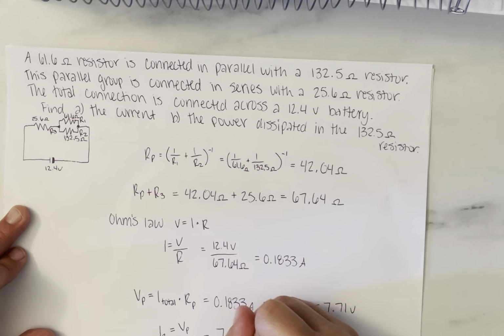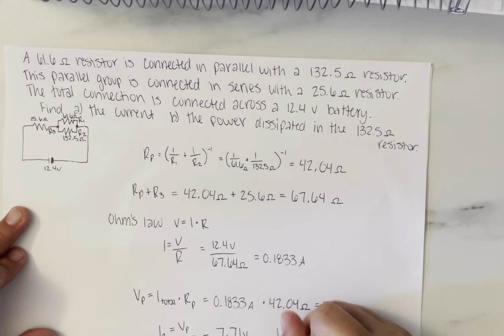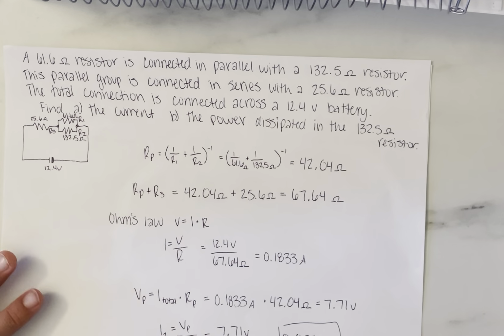So we want 7.71 volts over 132.5 ohms, and that is going to give us 0.0582, and that's going to be amps, and that is going to be the current. So that's our answer for A.